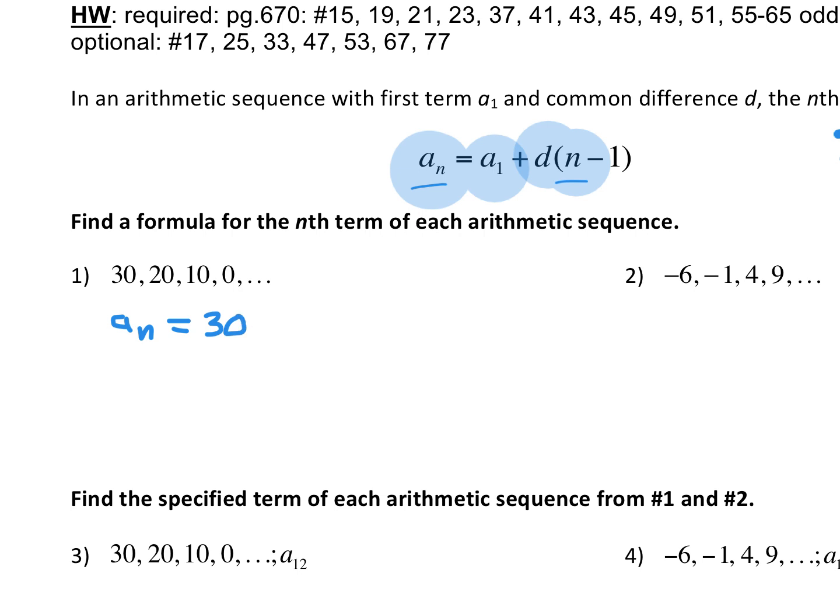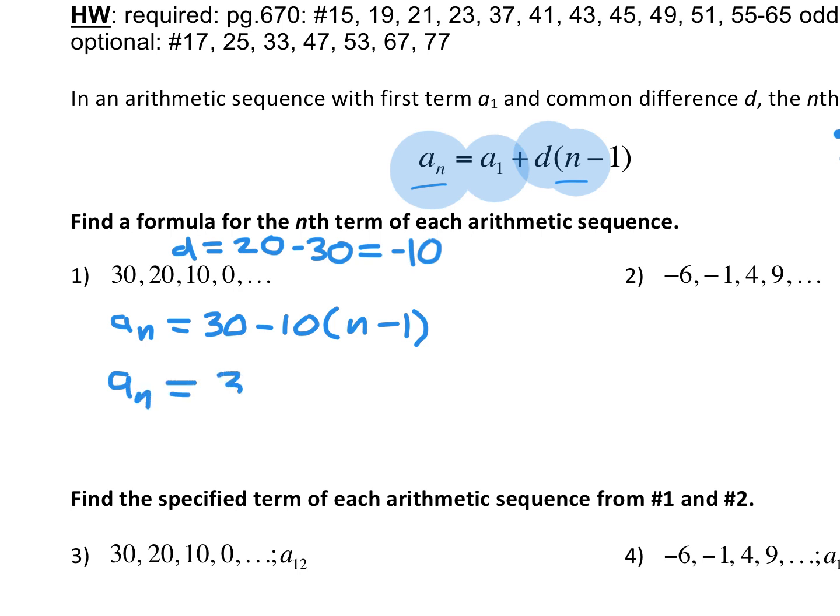To figure out D, you can probably just look at it and tell. If you need to, you can do this work. You take the second number, subtract the first number, and you get -10. So D is -10, and you could tell because the items are going down by 10. So plug -10 in for D, leave n alone. And then just simplify.